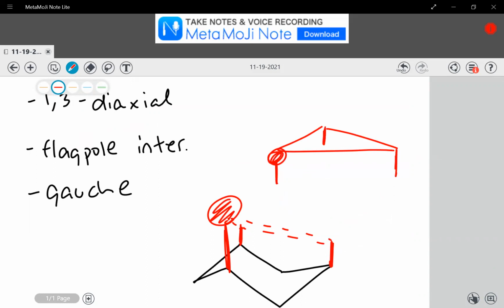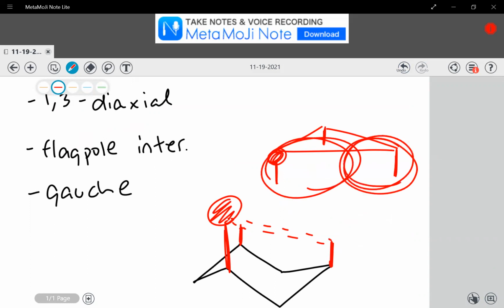Here's our hydrogen. Here's our other hydrogen. And this is your 1,3 diaxial repulsion. They're kind of taking up each other's space. It feels very crowded. It increases steric repulsion between them. It is steric repulsion.